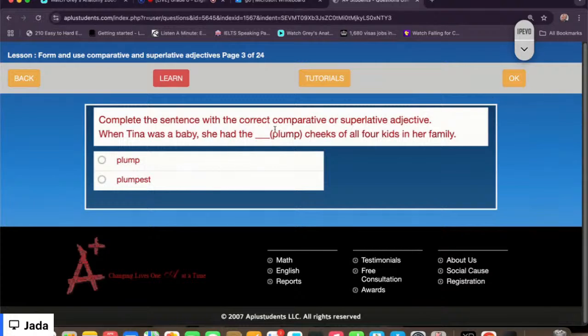When Tina was a baby, she had the plump cheeks of all four kids in her family. Plump or plumpest?